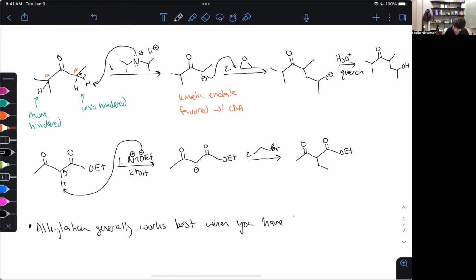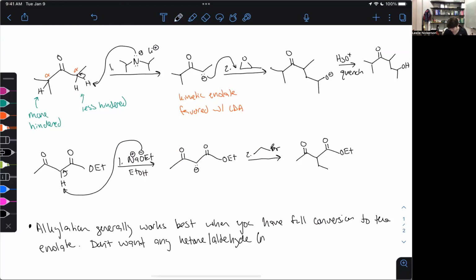So when you have full conversion to that enolate, that's going to work the best. Okay, so we don't want any of our carbonyl ketone remaining, and of course, in our non-enolate form.